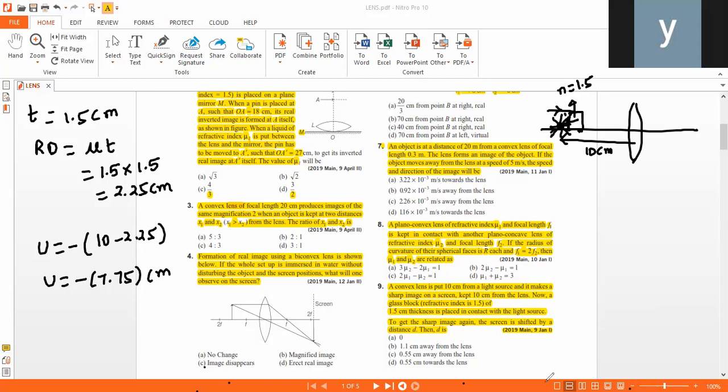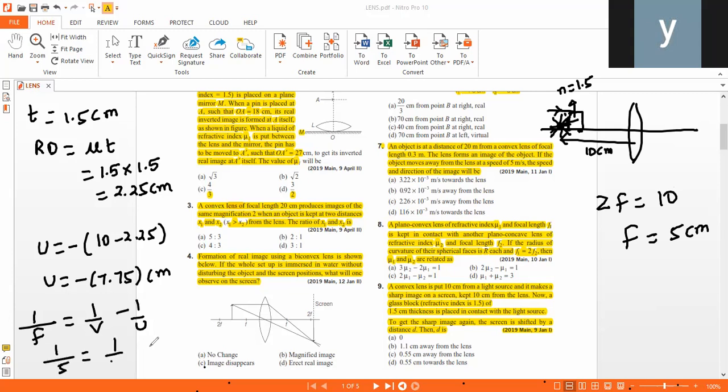So I can say that the object is placed at the center of curvature. 2f is equal to 10, so focal length will be 5 centimeters. Since it is a convex lens, focal length will be positive. So 1 by 5 equal to 1 by v minus 1 by minus 7.75. So 1 by v equal to 1 by 5 minus 1 by 7.75.